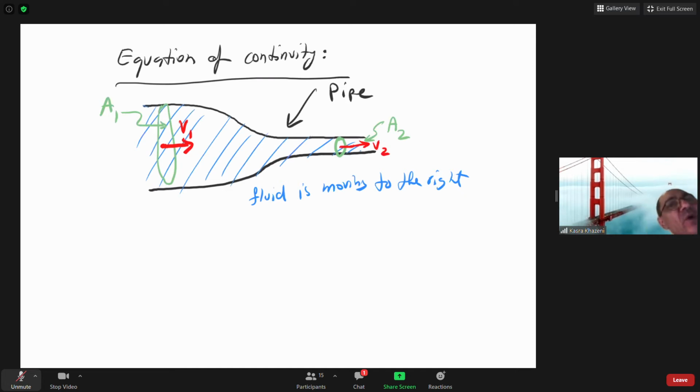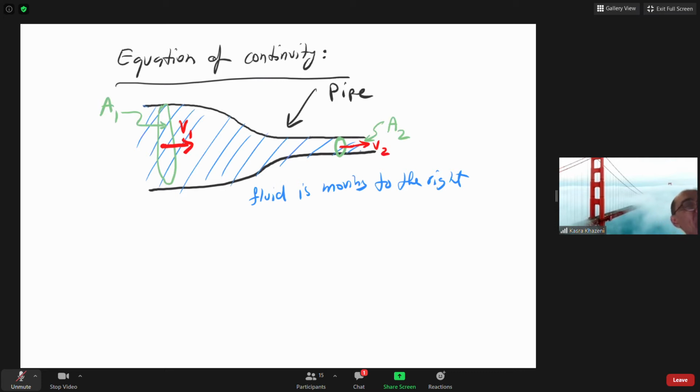Now we want to find a relationship between the two velocities, knowing the two areas. Obviously, we know the areas because we built the pipe. We then need to know how these two velocities are related when the fluid is going in.